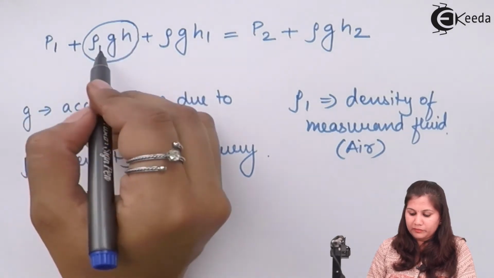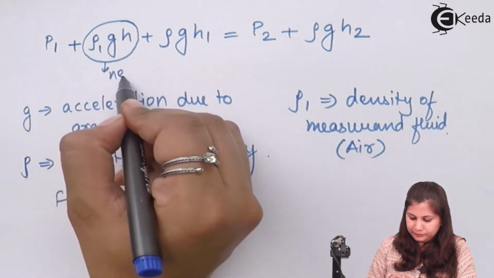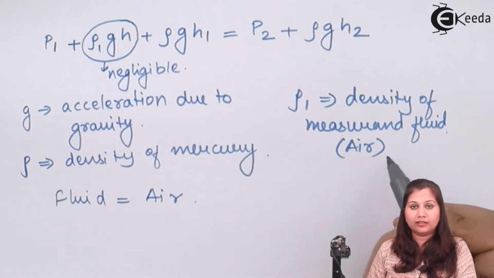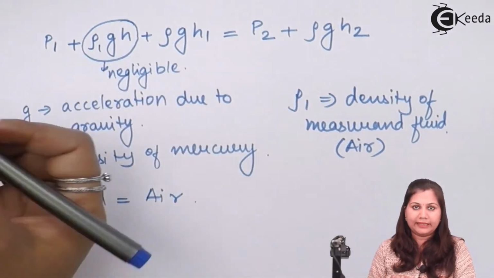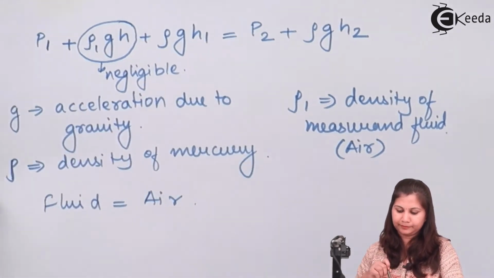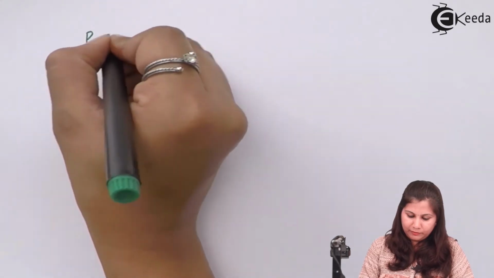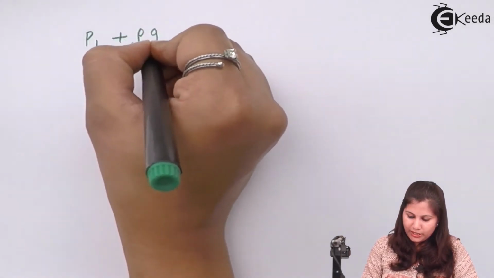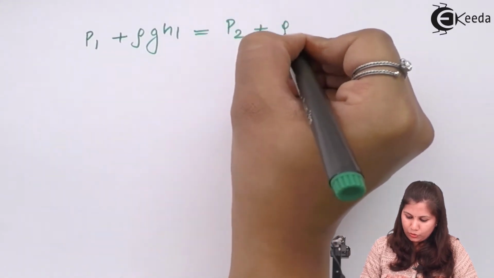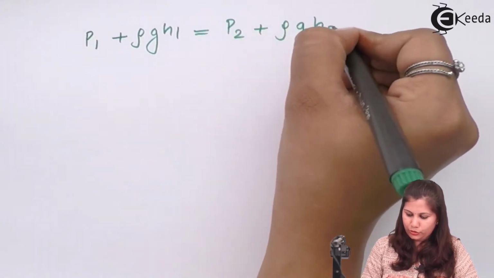So this whole term is negligible. When the measuring fluid is air, then this term can be neglected. So the remaining equation will be P1 plus rho GH1 equals P2 plus rho GH2.